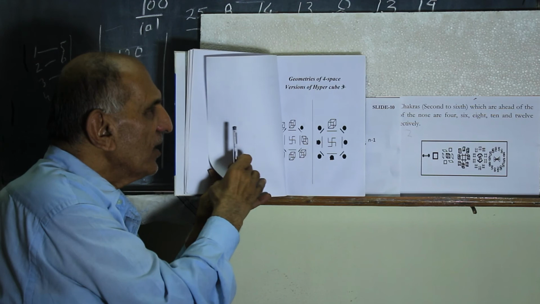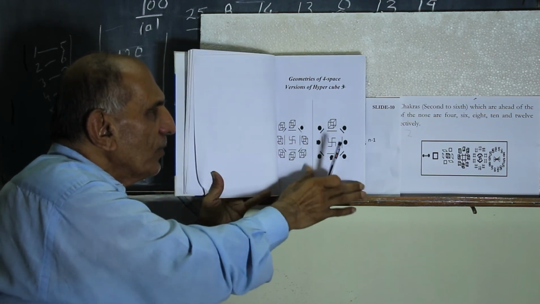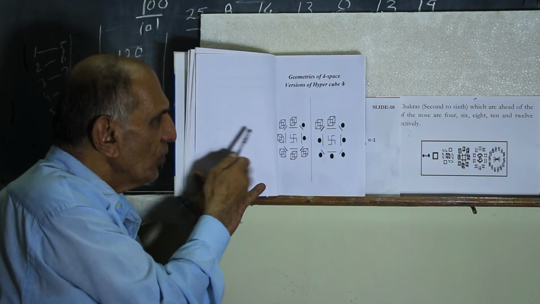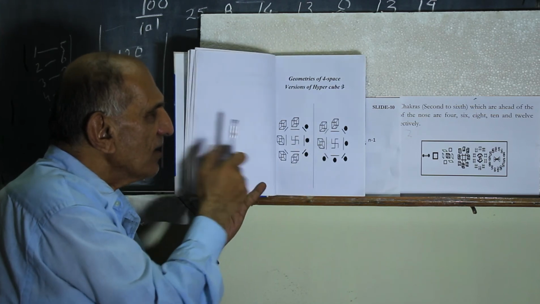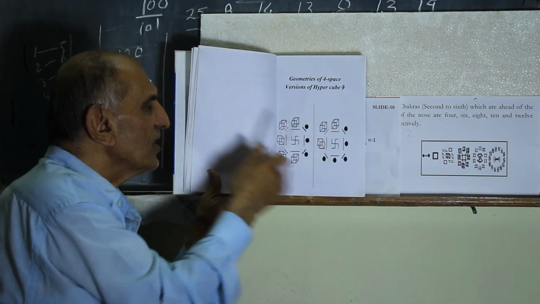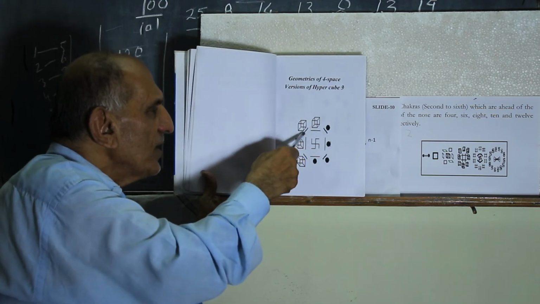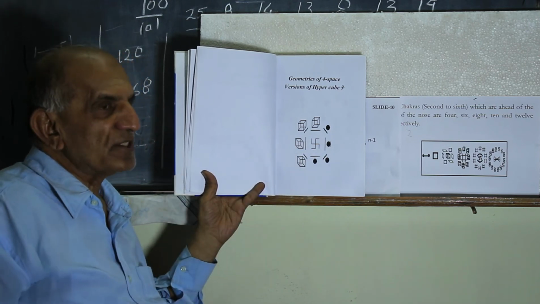Like that, we can reach when one boundary component is removed or one boundary component is intact. A step ahead, when 2 boundary components are removed or intact, when 3 boundary components are removed or intact, and finally a stage when half the boundary is intact and half the boundary is stripped off. It makes 9 versions.